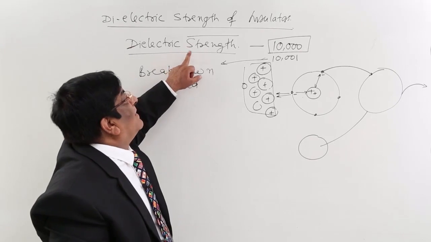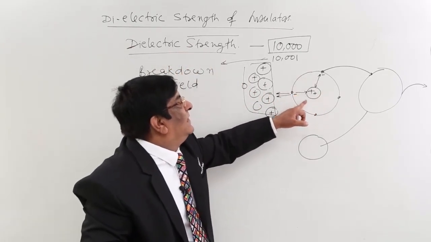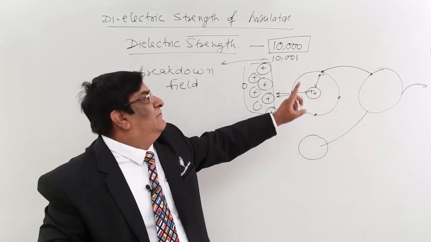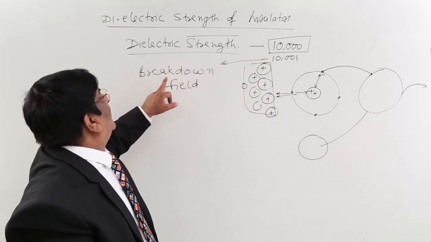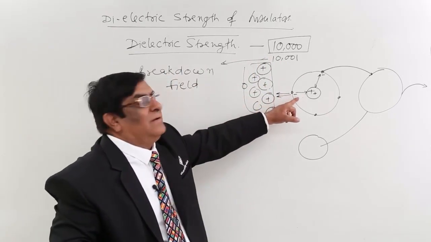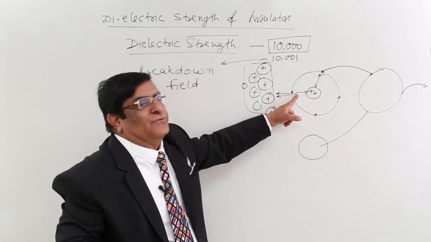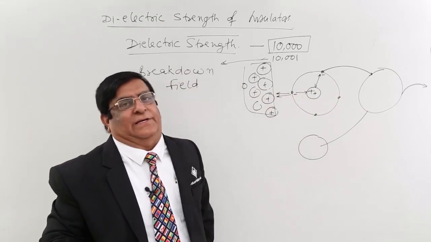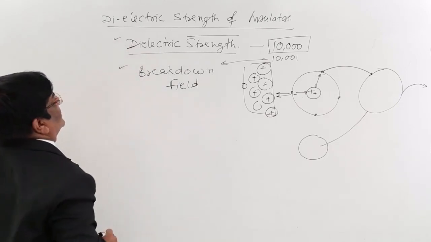So this is the maximum strength up to which it will remain an insulator and not allow charge to move, and the breakdown field is where it will break down and the insulator will become a conductor. These two things are very important and you have to understand them.